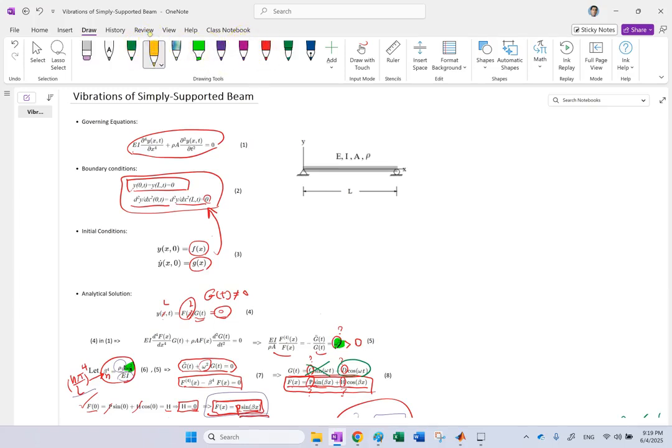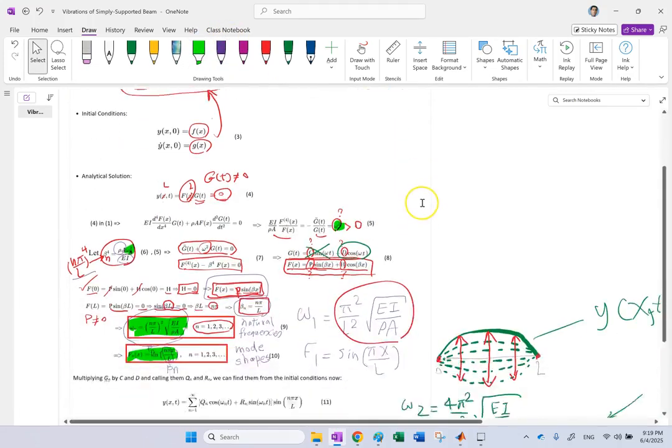Say, hey, my initial f of x is something like this. Because here you have non-zero y, here you have non-zero y, and that is not possible. Whatever shape you give it, you have to make sure that initial shape has y of 0 at both of these points. Okay, so it has to be anchored at these 2 points. Otherwise, it's not going to work. Okay, and the same thing for g of x.